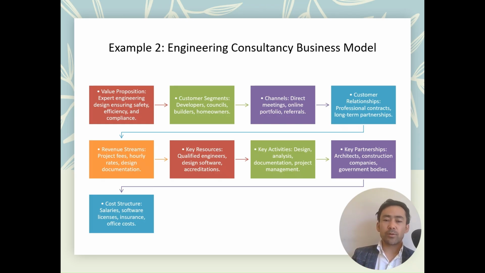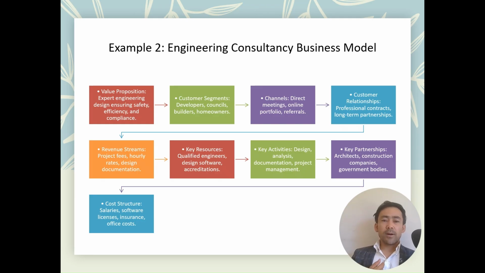The key partnerships that an engineering firm would build are, of course, relationships with the architects, with the construction companies, with the councils and the government bodies. It could be with builders, for example.